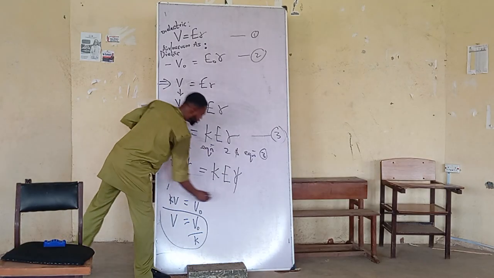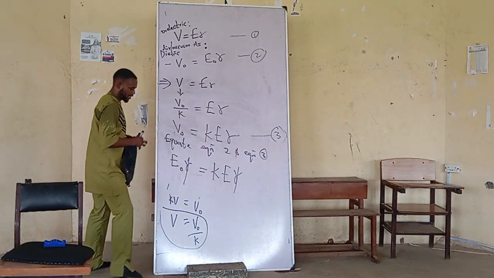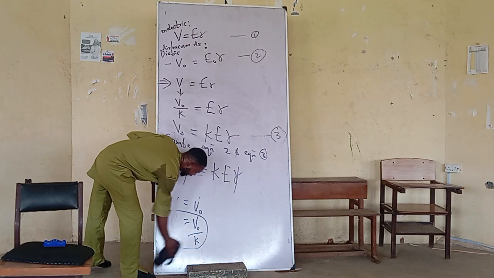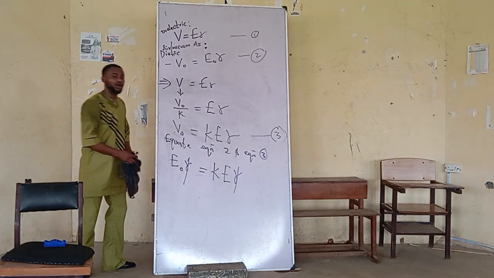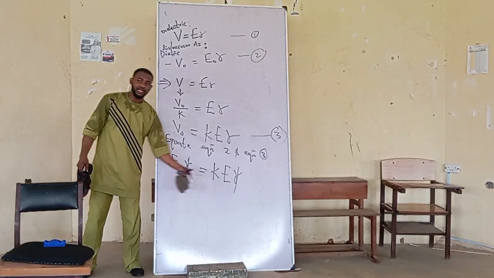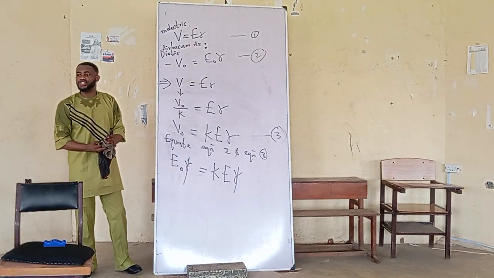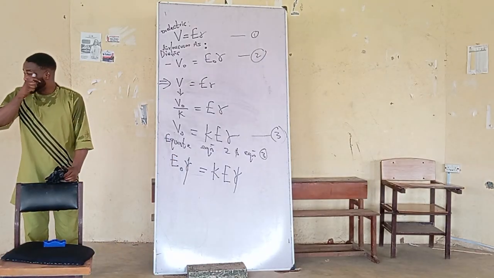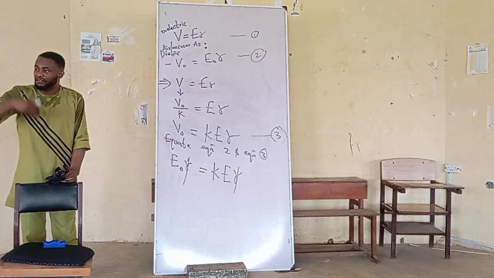This can cancel this. At this junction, notice that our goal is this K, because that's the dielectric constant. Our goal is to check whether the dielectric constant will have a direct relationship or inverse relationship.